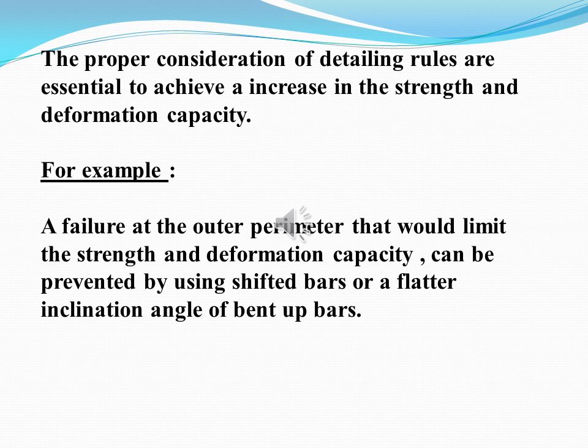The proper consideration of detailing rules is essential to achieving an increase in strength and deformation capacity. For example, a failure at the outer perimeter that would limit the strength and deformation capacity can be prevented by using shifted bars or a flatter inclined angle of the bent-up bars.